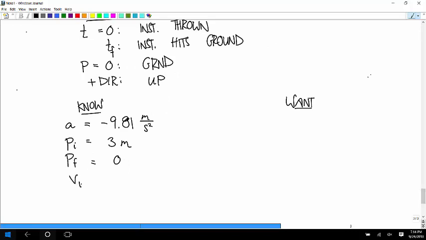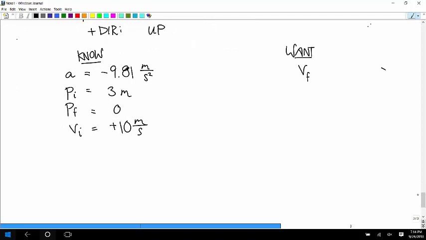Initial velocity is positive 10 meters per second. And then we want to find the final velocity. The equation that is going to work is the same one as for the last two parts.